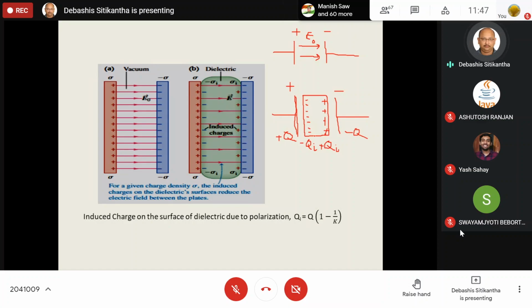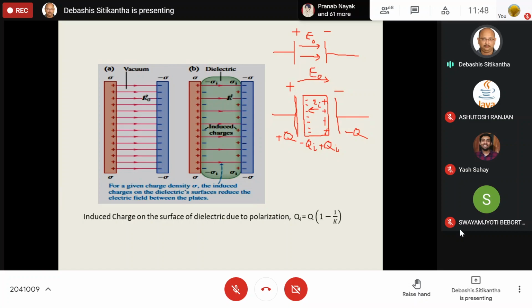Obviously, I cannot go much deeper into this, but let me share one important thing. These are not in your course, but it is an interesting thing. Previously, when no dielectric medium was present, the electric field was E0. Now, since some positive and negative charges have separated inside the neutral body, an electric field also exists inside it.